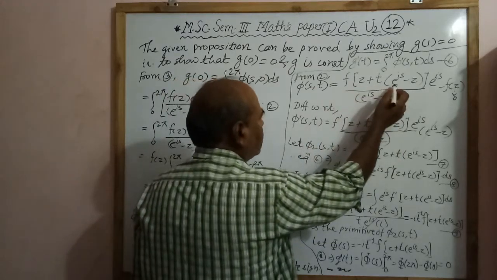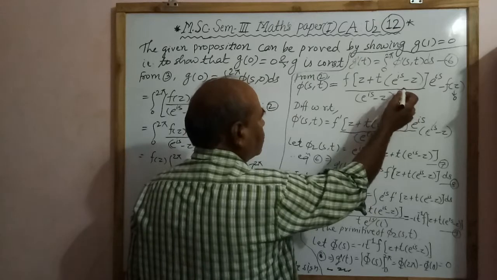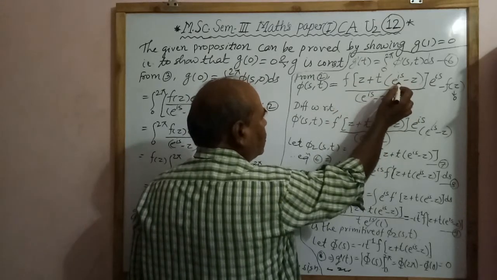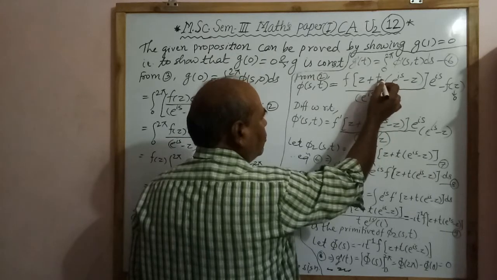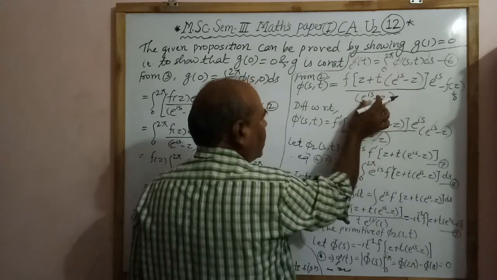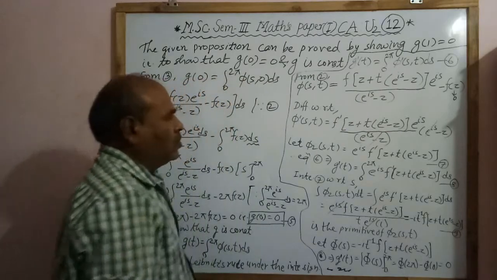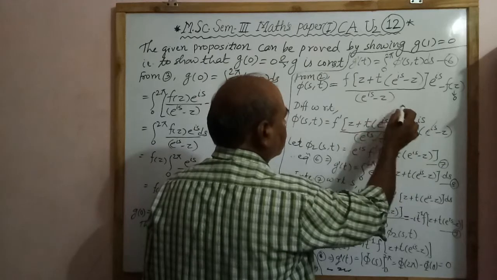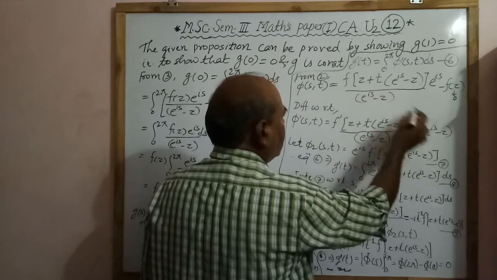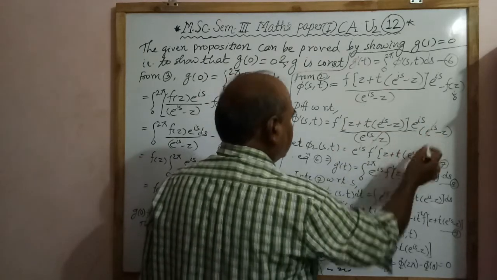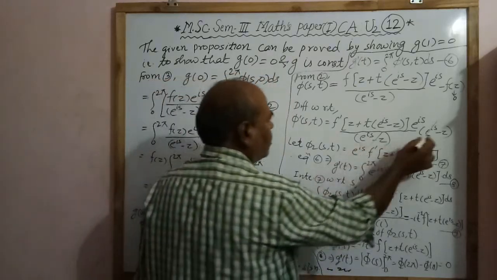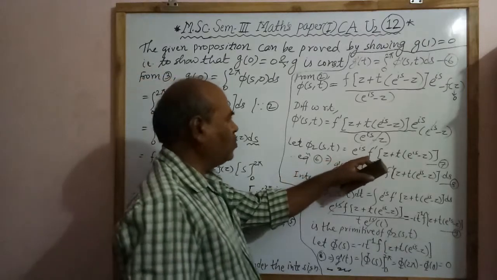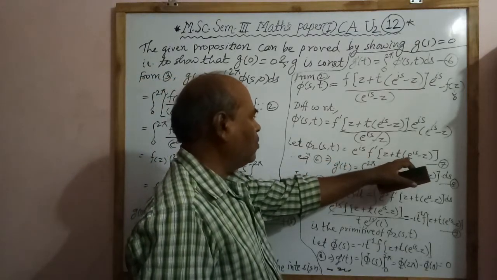The derivative of z plus t into this with respect to t: derivative of z is 0 and derivative of the second term with respect to t, derivative of t is 0, so we get this bracket into 1. Again multiplied by the derivative of the internal function, therefore this term cancels. Let phi of s2 equal e to the power is into f dash of z plus t into e to the power is minus z.